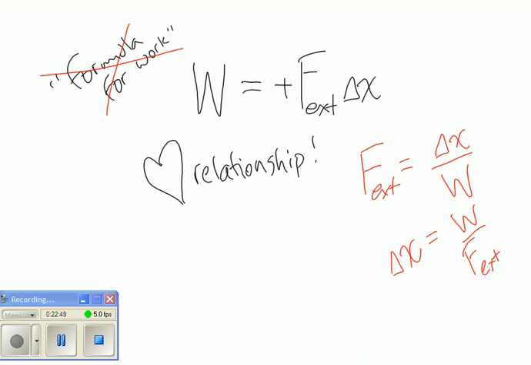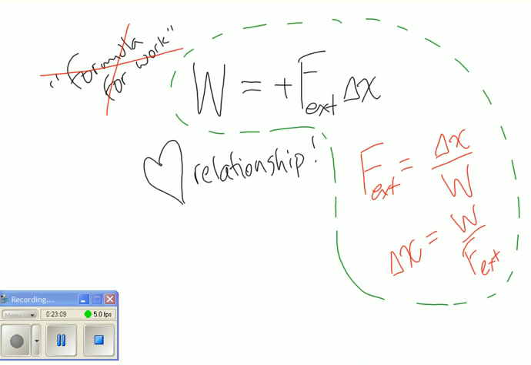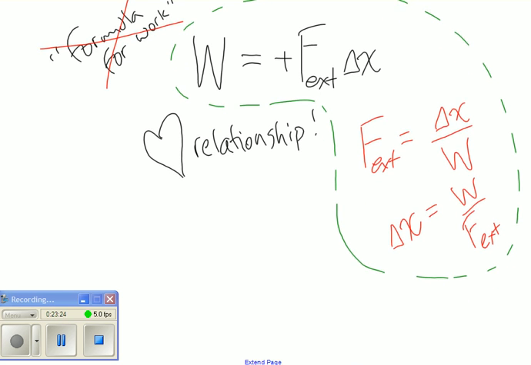Anytime you know two of these quantities, you can determine the third. So it's not a matter of you must remember the formula to calculate work. You remember how these quantities are related. Because like in the real world, you make sense of it based on relationships between things that you understand.